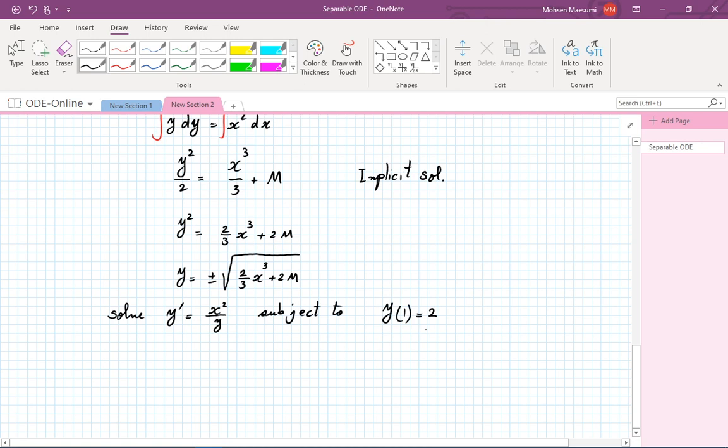What does that mean, y of 1 is equal to 2? This is a shorthand for saying that when x is 1, y is 2. So this is referred to as the initial condition.